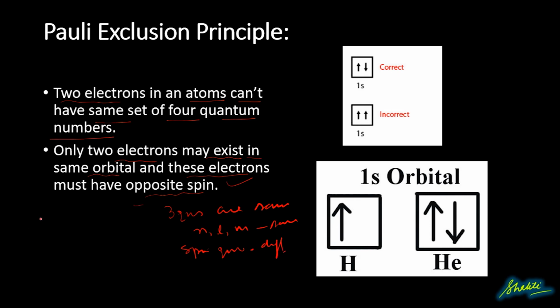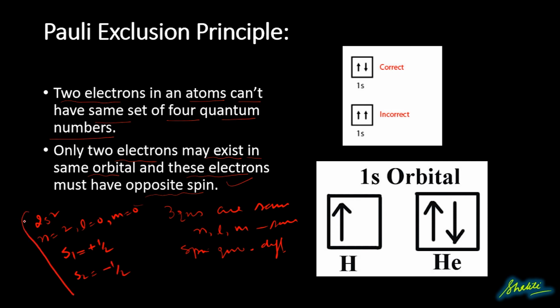For example, say 2s². Here n is equal to 2, l is equal to 0 and m is equal to 0. But spin is equal to positive 1/2 for one and negative 1/2 for the other.